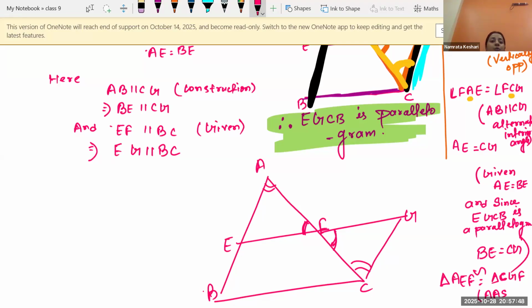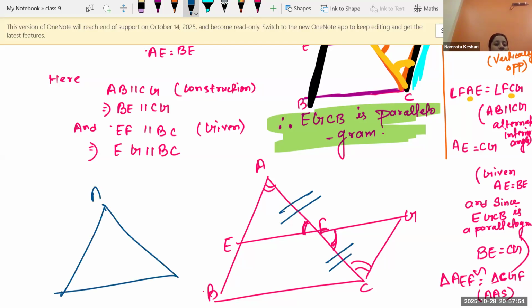Now what we wanted to prove: we were having a triangle ABC, E is the midpoint, we already knew. This line segment EF is parallel to BC, we already knew. And we wanted to prove that F is also the midpoint. Now after proving these two triangles congruent, see the arrangement of the triangles' names. We will be able to say that AF and CF are equal.